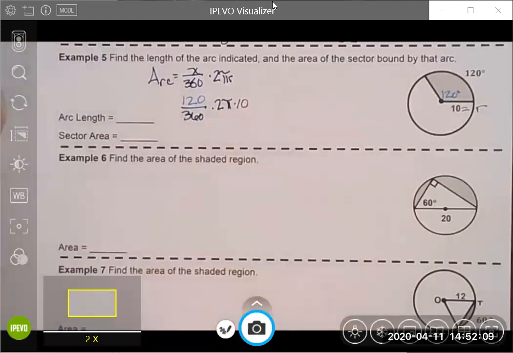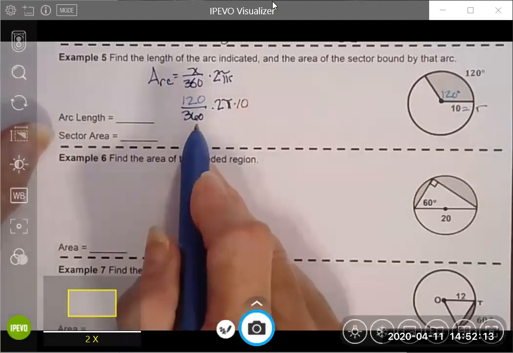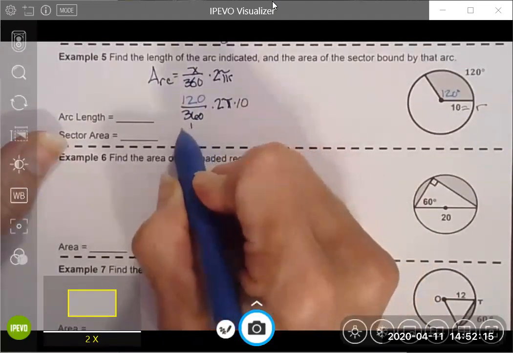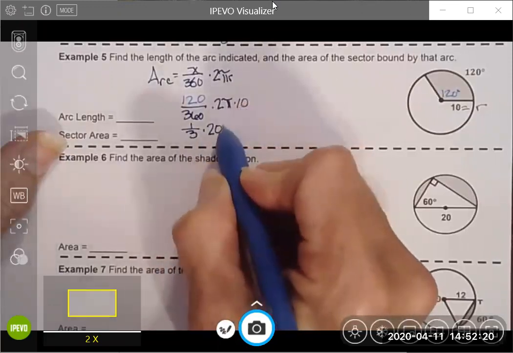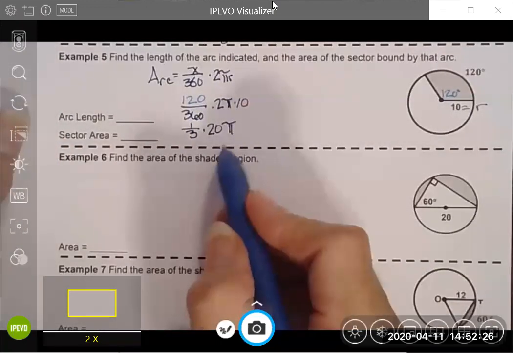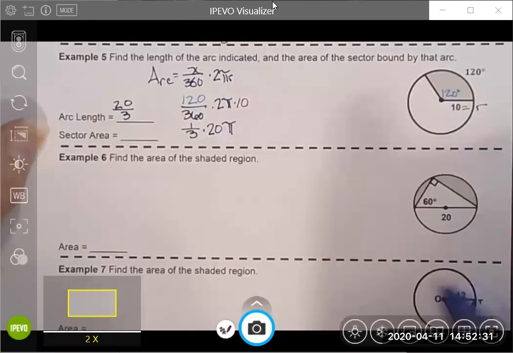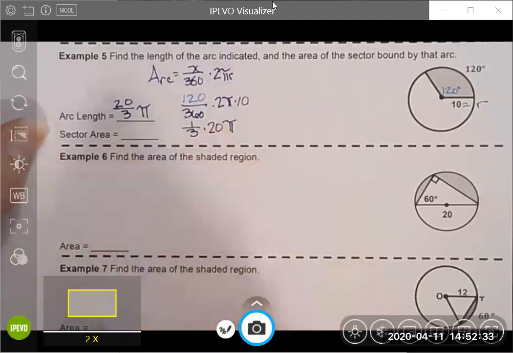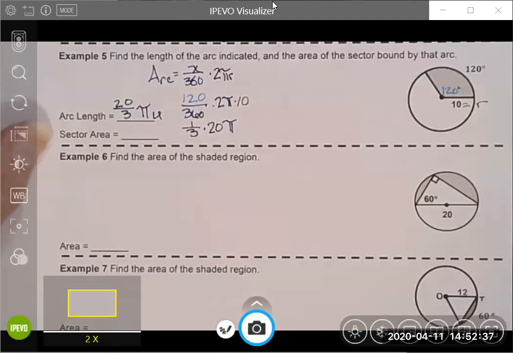This is all of the geometry involved. The rest is my algebra. 120 divided by 360, we know, is 1/3 times 2 times 10, 20 pi. And in this particular case, folks, I cannot simplify that any further. So I'm going to write this as a fraction because we know that that is the most exact answer I can give. And I'm going to say that this is a linear unit, a linear measure, so it's just units.